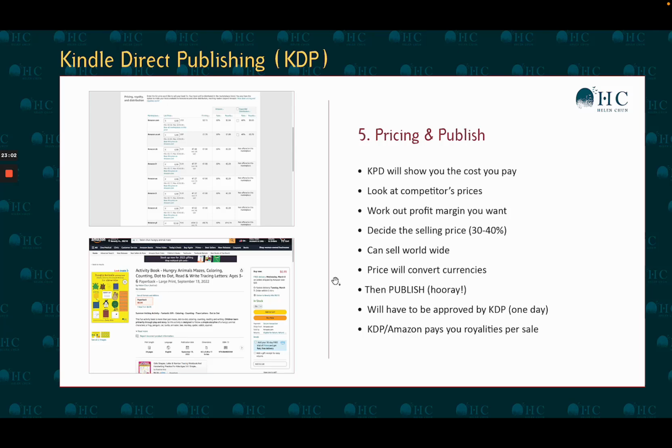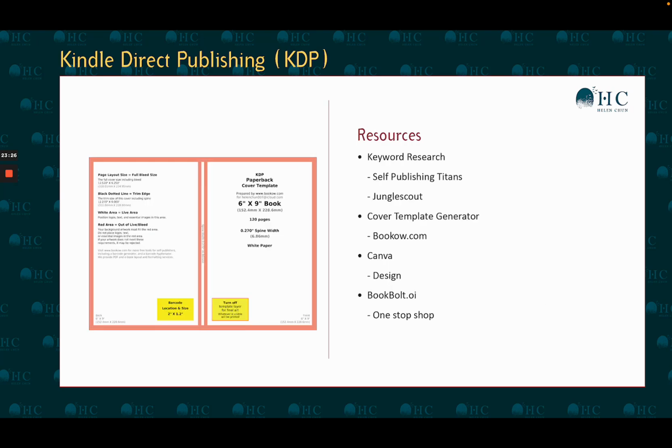Again, the prices are converted, and then you can publish. Amazon will have to approve it, and that usually takes about one day, if not less. Once it's sold, KDP and Amazon pay you the royalty per sale.